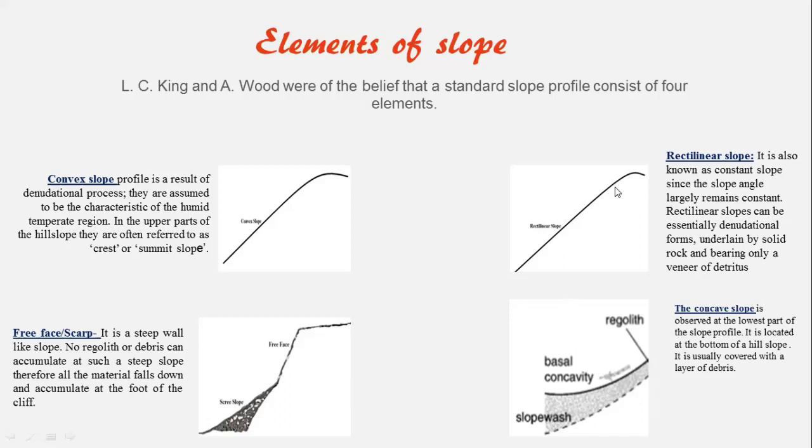Either they will be underlain by solid rock, or there will be a thin veneer of detritus underneath that. Then we have the concave slope. Here is the concave slope, that is at the base of that slope. That is the last of the slope elements.